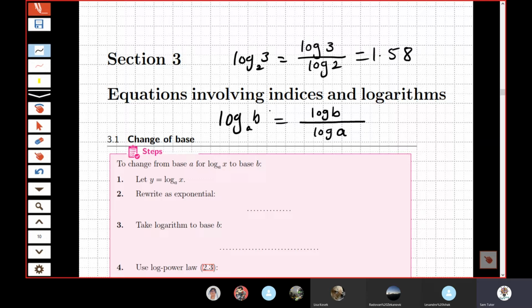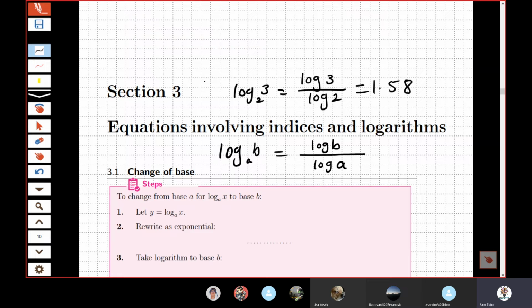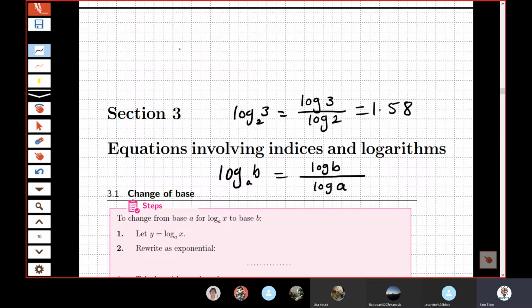All good. Now, before I continue any further, look at the button right next to log. There's one that says log, and there's another one on the right, which is on top of the tan, that says ln. This is also a log.